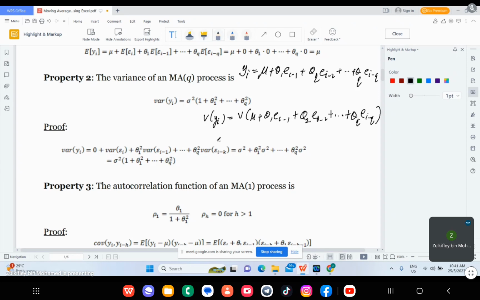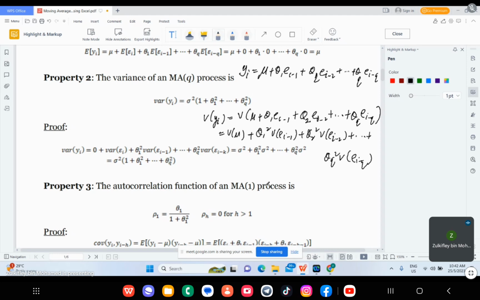So you can put this way. If you open the bracket here, you will have variance of mu plus theta 1 square, variance of epsilon I minus 1 plus theta 2 square, variance of epsilon I minus 2 plus dot dot plus theta Q square, variance of epsilon I minus Q. By definition, the variance of a constant is equal to 0.